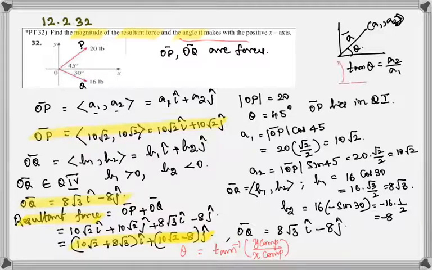So we have tan inverse of the numerator, 10 radical 2 minus 8, which is the y component, over the x component, which is 10 radical 2 plus 8 radical 3.